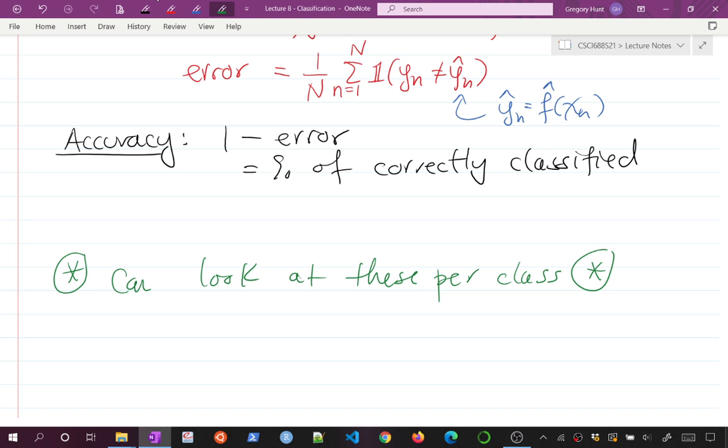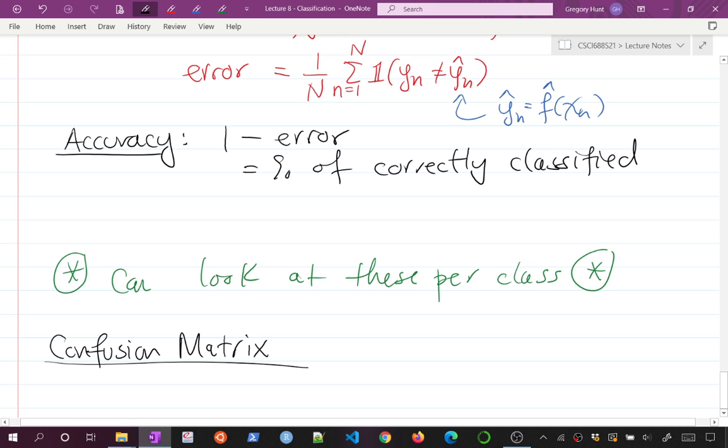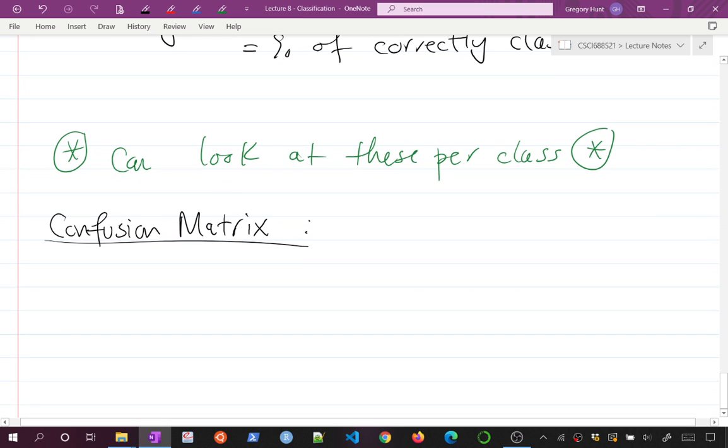One way that this is typically summarized is what's called a confusion matrix. Can't spell confusion, but I can try. Matrix. Man, the dyslexia is bad today. Okay, so confusion matrix. And the confusion matrix, appropriately named, tells us how confused our method is. And it's just a table. I mean, matrix is obviously a fancy name for a table.